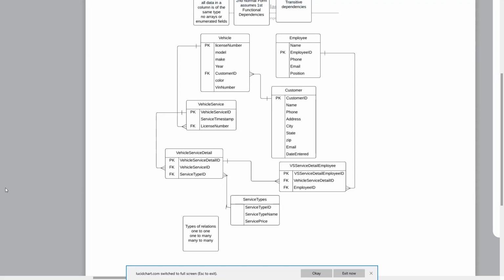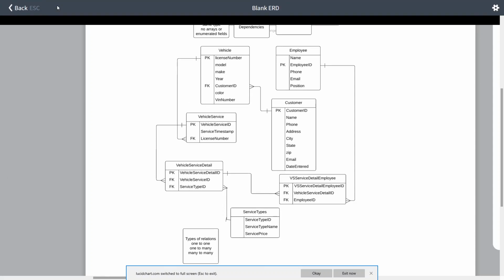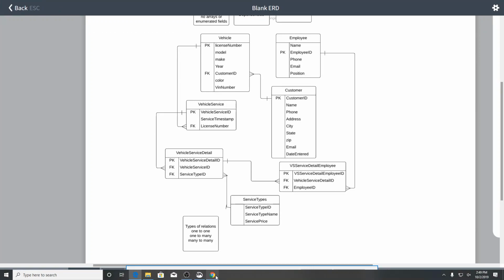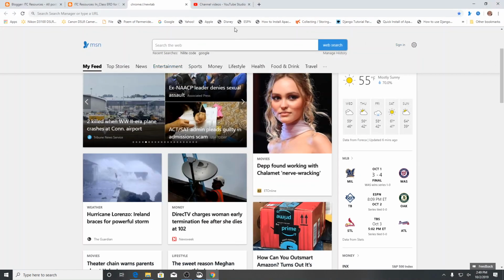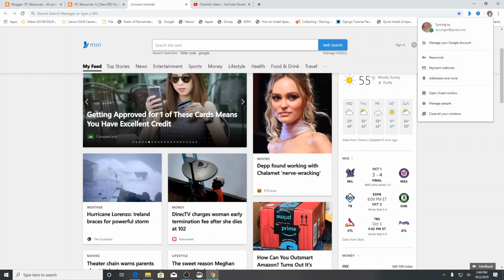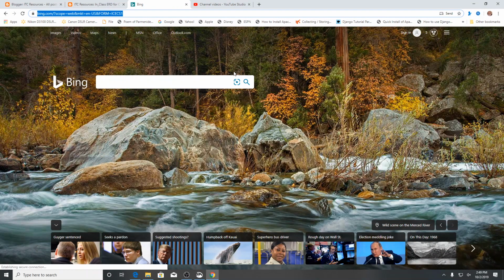Unless, let me do like a spreadsheet. So to do that, I think I have to go to Google, because I don't think they have Office on here. It's not where I want it to go. I do not want Bing.